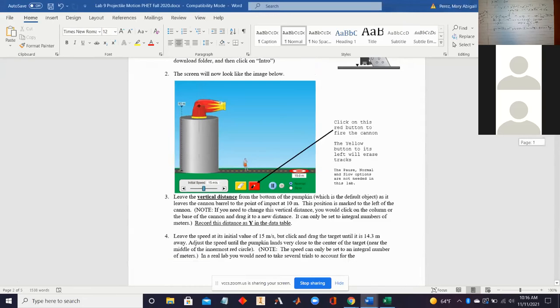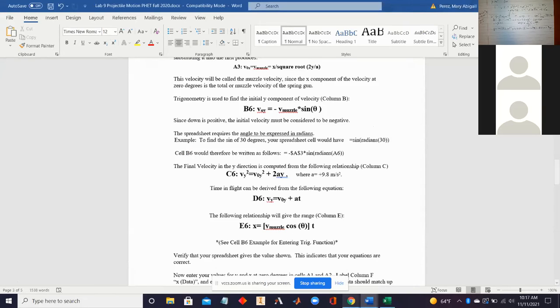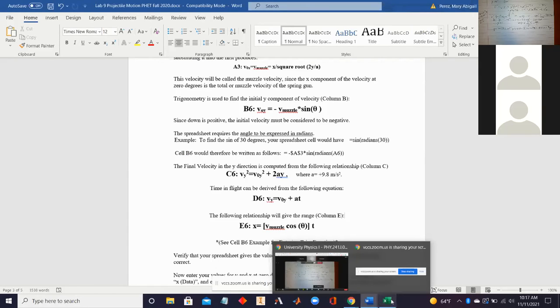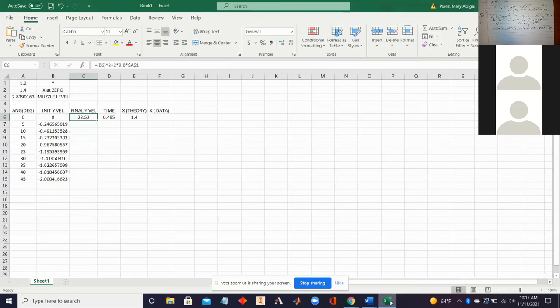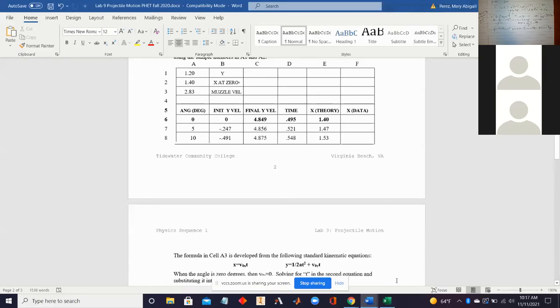That's supposed to be the initial squared plus 2AY. And they're wanting that to be the final Y velocity, 4.85, I think. Yeah, that should be 4.849. 4.849 should be what you're getting, the final Y velocity.